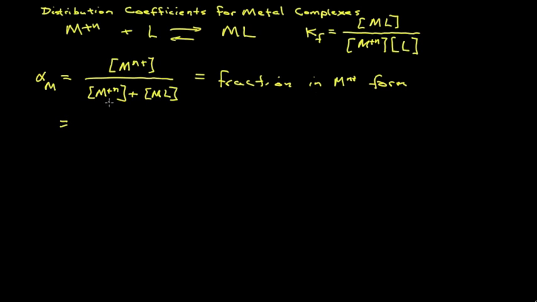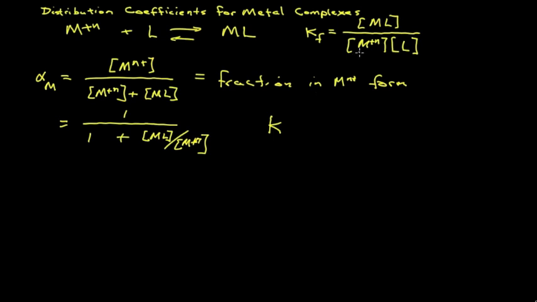Let's remove these things that we don't have a direct handle on and replace them with things that we can measure or control or look up in tables. So let's divide the numerator and the denominator through by Mn+. So we get 1 in the numerator, 1 as the first term in the denominator, and then ML divided by the ion form. Well, this is very similar to the expression for the equilibrium constant.